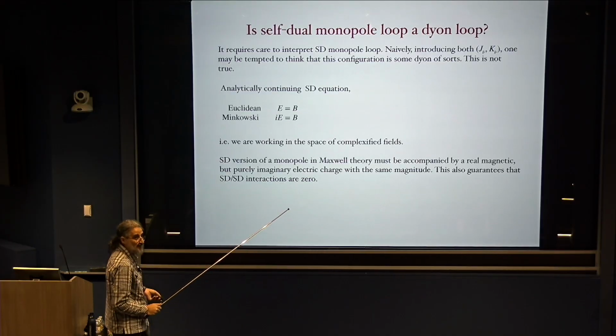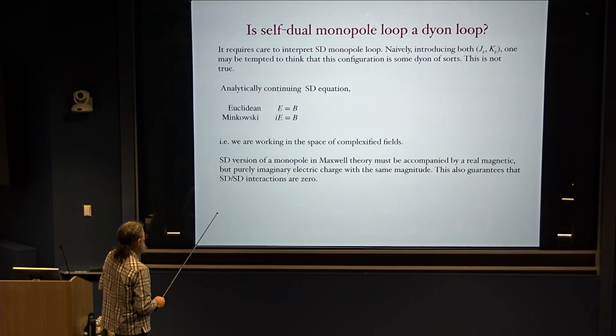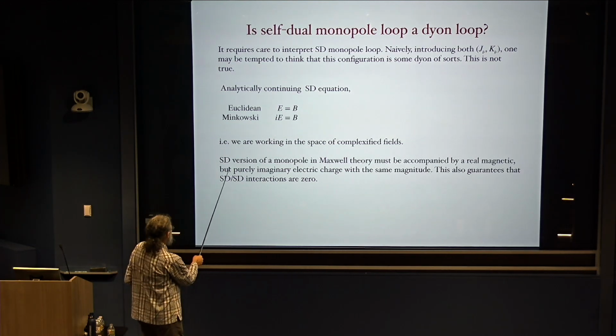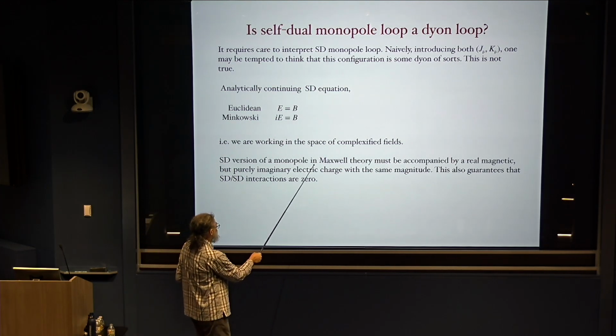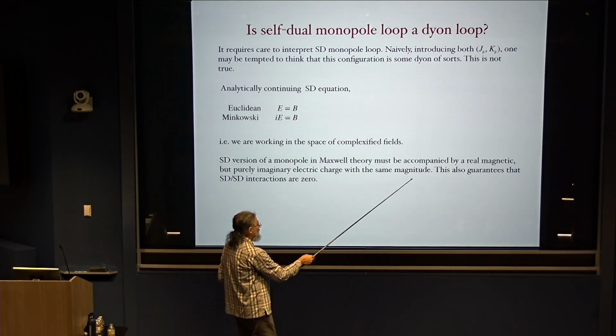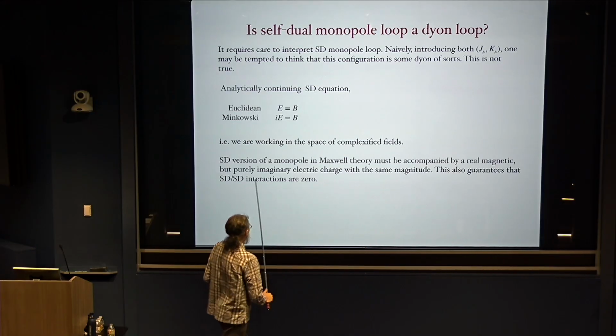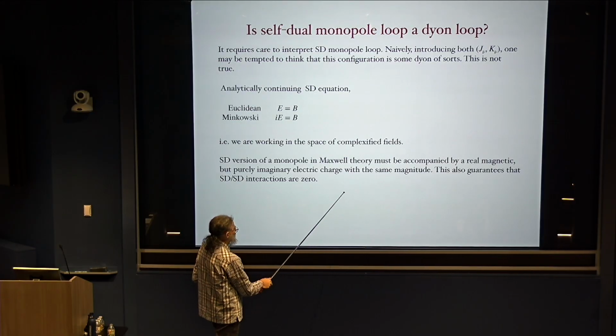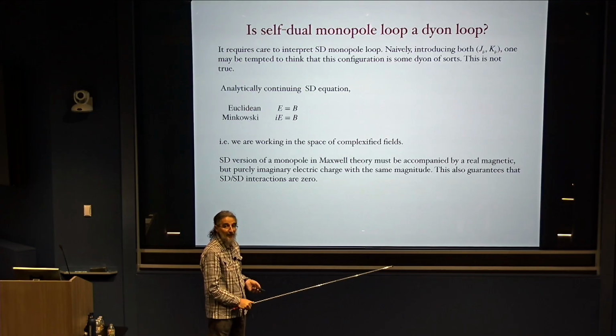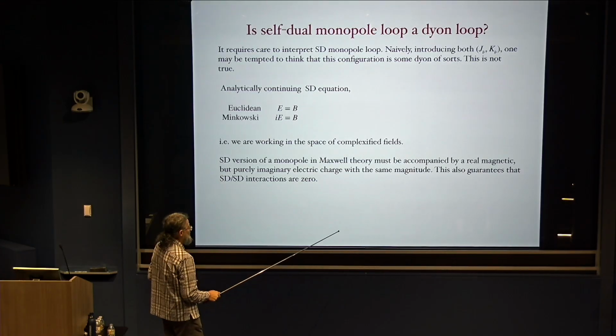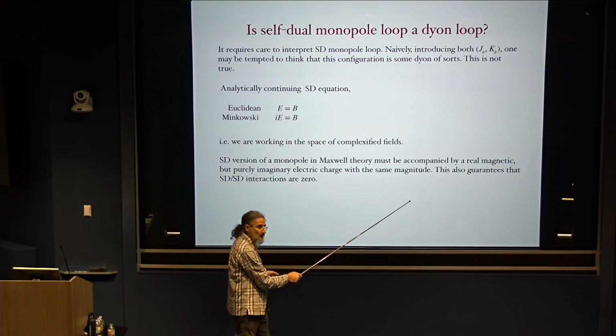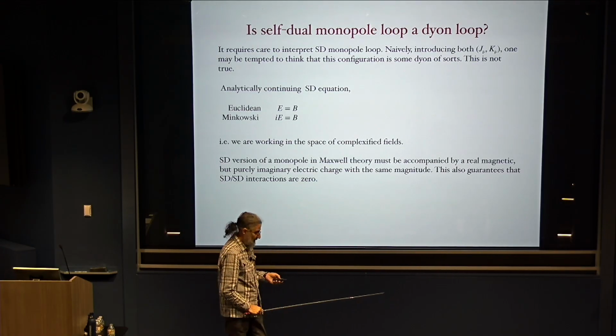So we are working in the space of complexified fields. I will say that the self-dual version of a monopole in Maxwell theory must be accompanied by a real magnetic charge, but a purely imaginary electric charge with the same magnitude. The magnitude is not important. This will also guarantee that the self-dual interaction is zero.